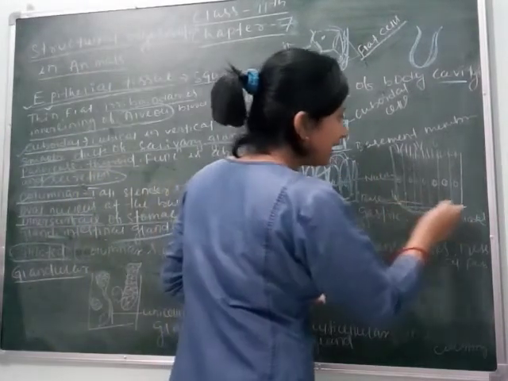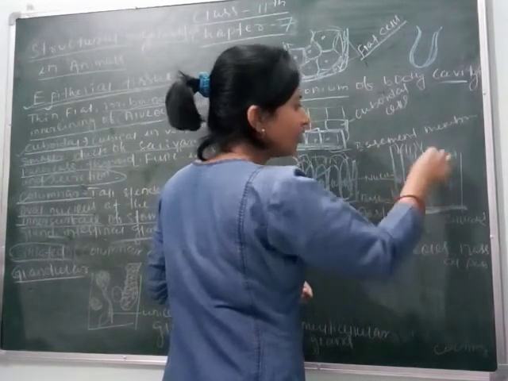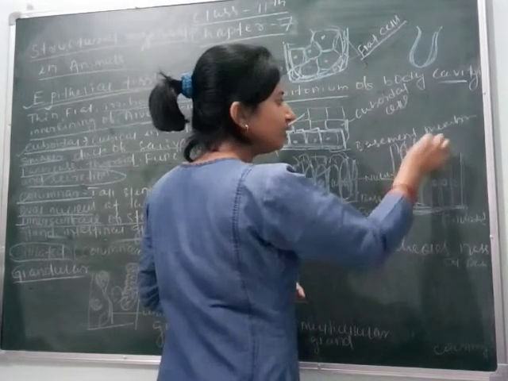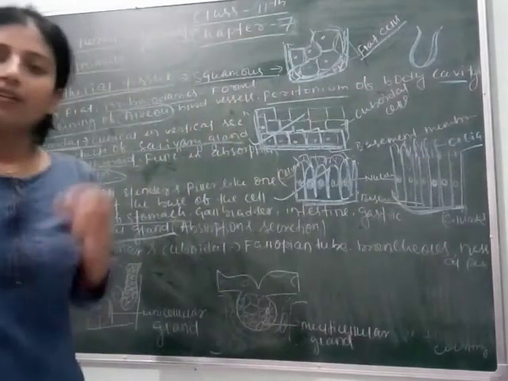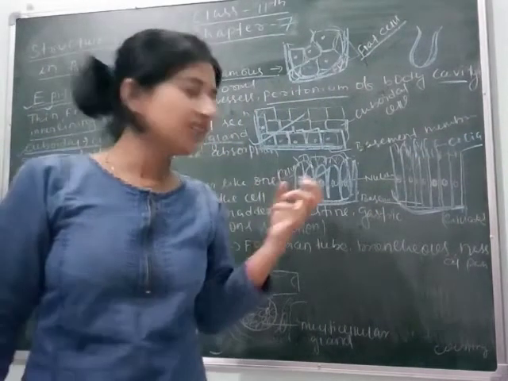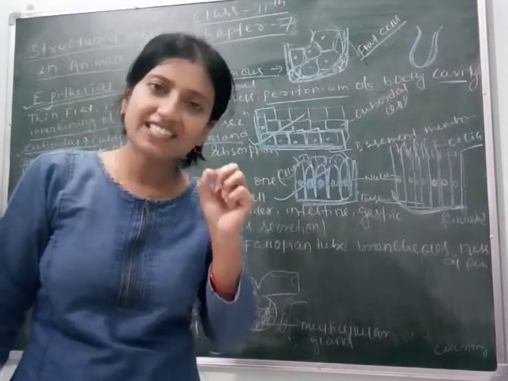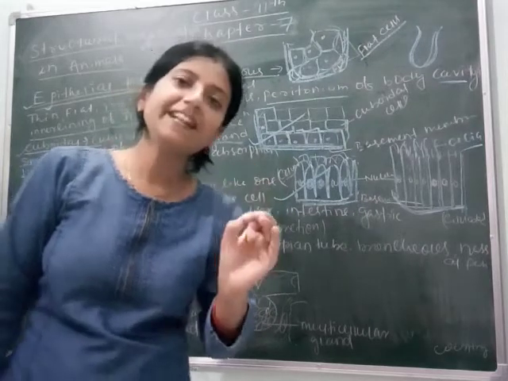This is the diagram of ciliated epithelium. It means the cells are columnar, long, tall, slender, and here you can see cilia. So how do you define it? When cuboidal and columnar epithelial cells bear cilia, they are called ciliated epithelium.